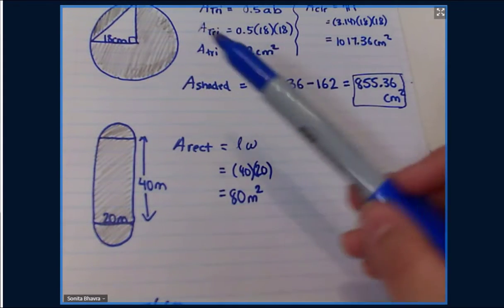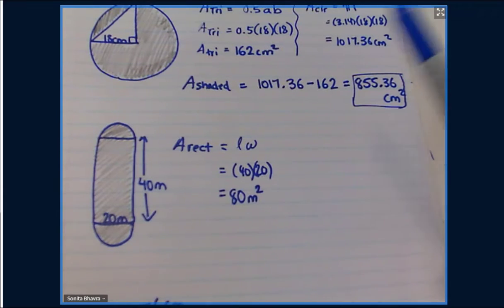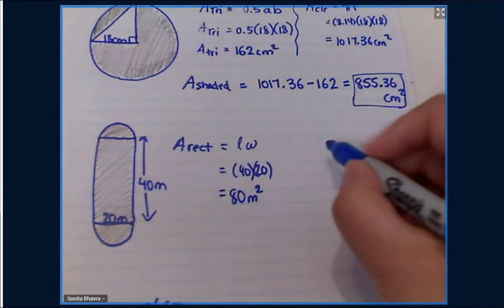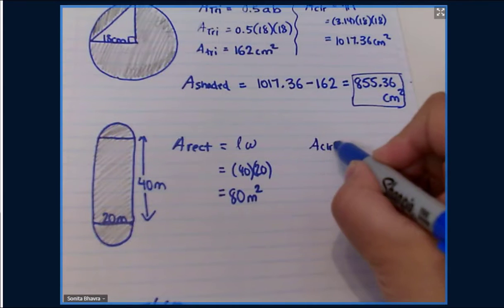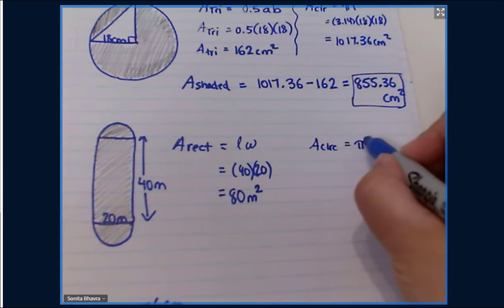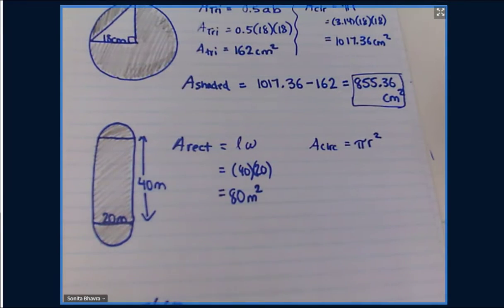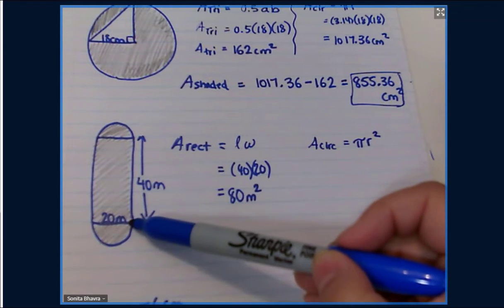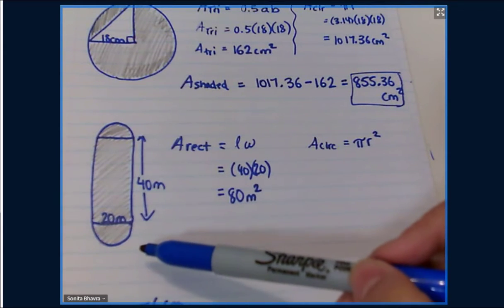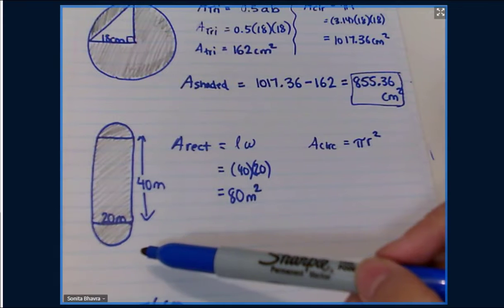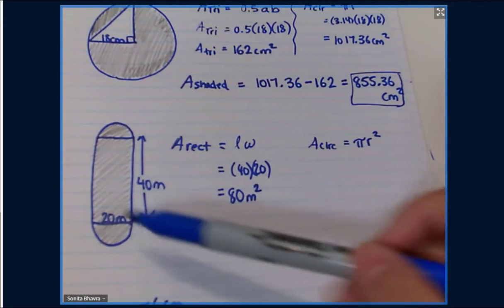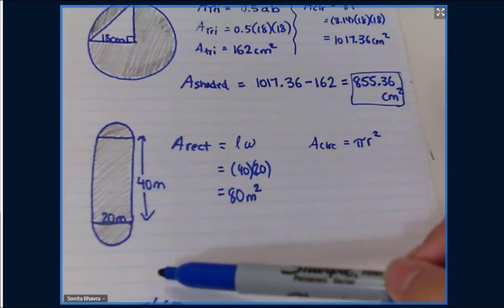Next, we have two half circles, which makes a full circle. So we can just figure out our area of a circle, which is pi r squared. In this case, we can see the diameter is 20 meters. Half of that will be our radius. So 20 divided by 2 is 10.